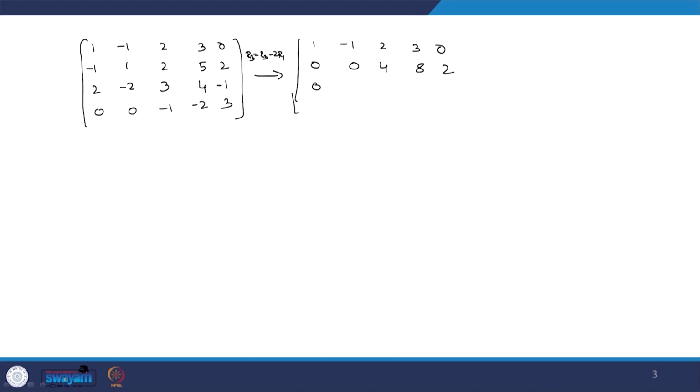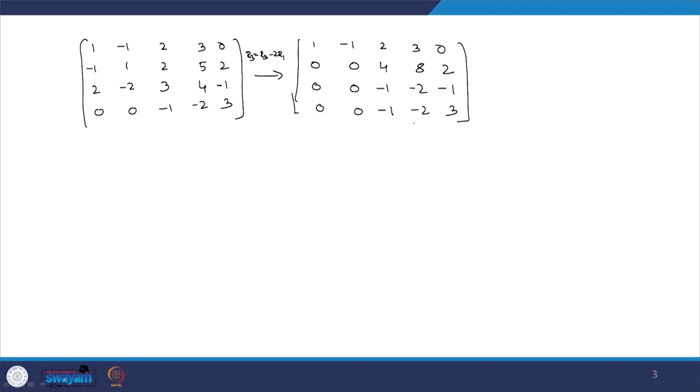That gives 0, 0, minus 1, minus 2 and minus 1. Okay, so I will have it like this. Then the next row is 0, 0, minus 1, minus 2, 3.